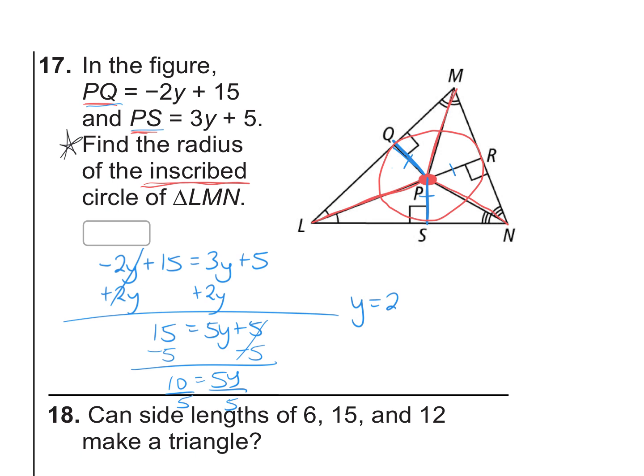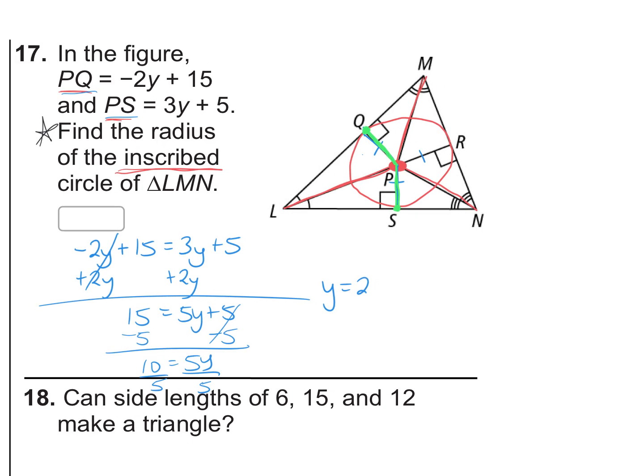Now, what is radius? It's half across the circle, right? So from the outside to the center, that's the radius. How can I find the value of that? Plug it in where? Does it matter which one? Nope, because we know they're equal to each other. So I'm just going to pick PS here. We have 3 times 2 plus 5, so we end up getting 11.